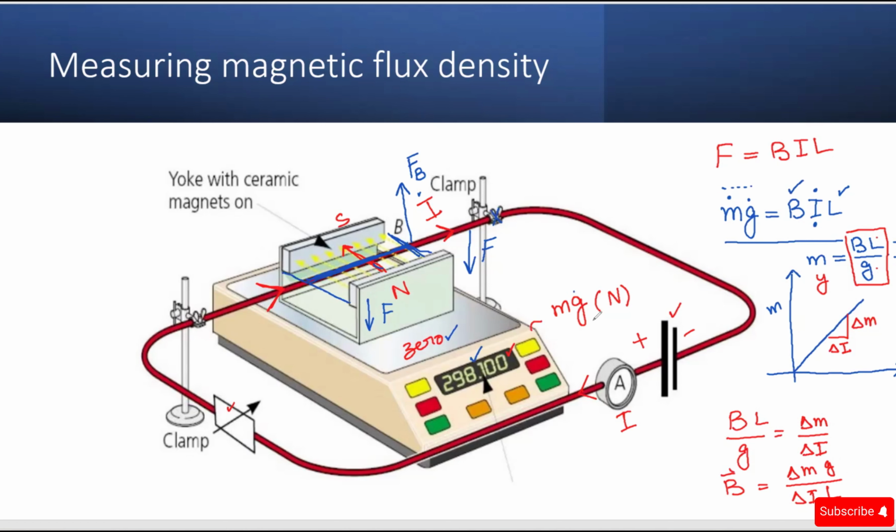So this is a very simple experiment. Here, you also understand how we can develop a simple concept of an experiment to determine the magnetic flux density of a bar magnet.